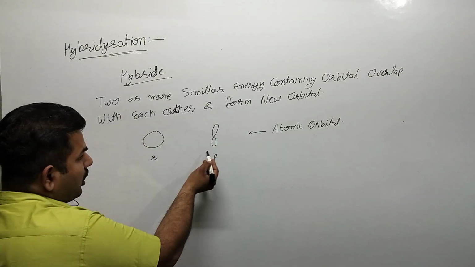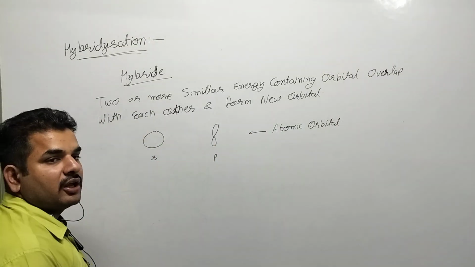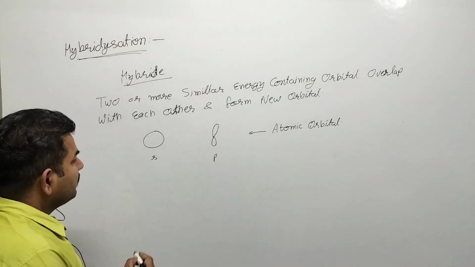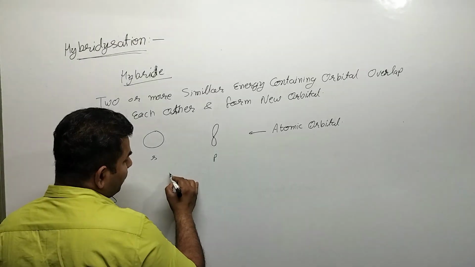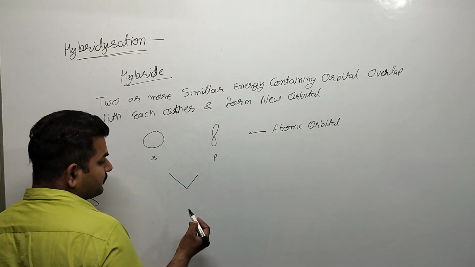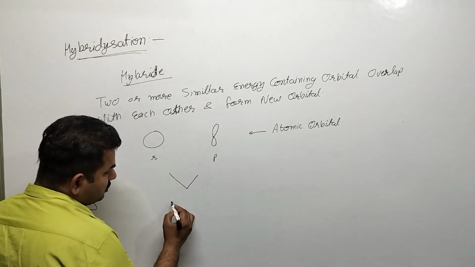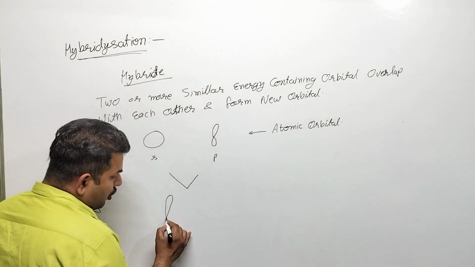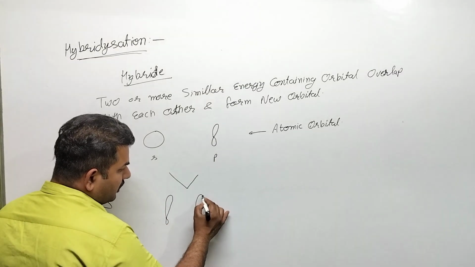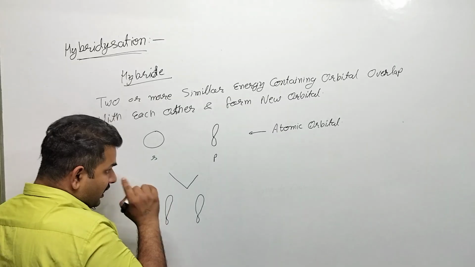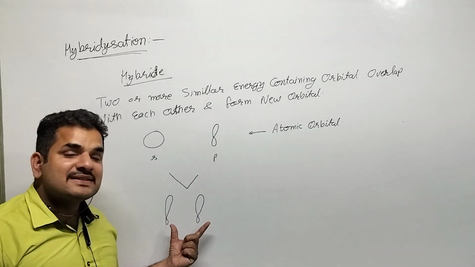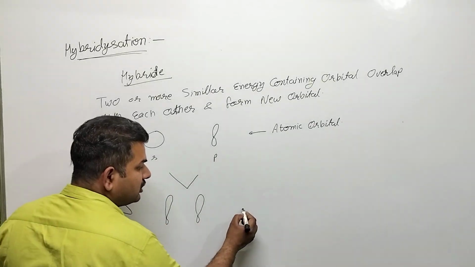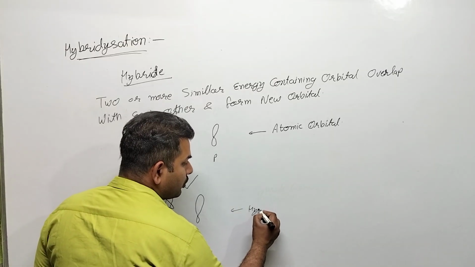When these two atomic orbitals having similar energy combine with each other, or overlap, intermix, then they form a new orbital. And the new orbital is like this shape, which is called a hybrid orbital.